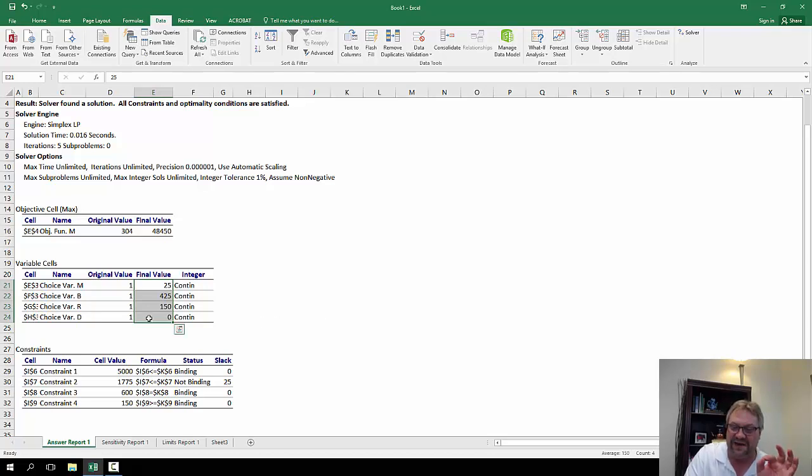Now, this is where I was getting at. This is one of the reasons I wanted to show you this. Notice that in this program, we are not going to produce any for our direct mail distribution. And I wanted you guys to see that that's okay. Remember, the non-negativity constraint on M, B, and D were greater than or equal to 0.